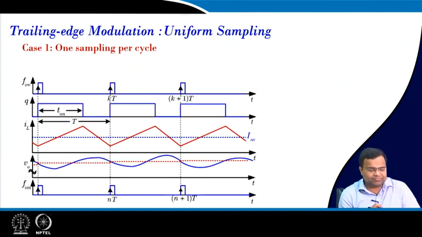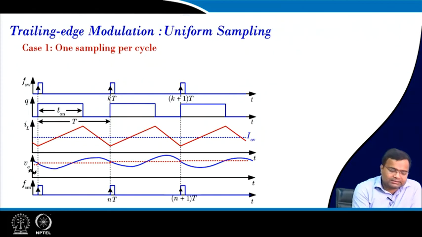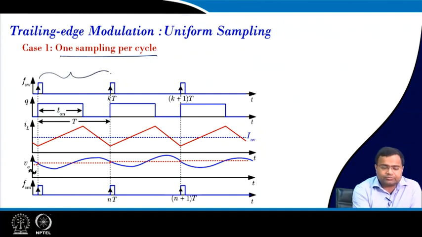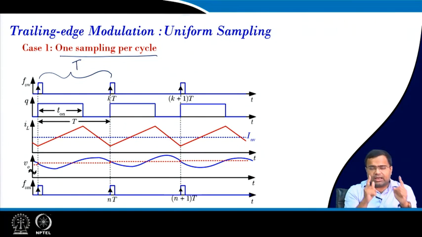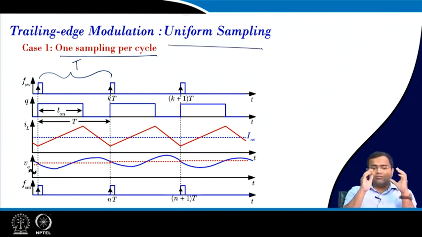Let us say here again the same waveform, but now we are sampling this voltage once per switching cycle, and the time period is T. We are uniformly sampling, because this is under uniform sampling, once per switching cycle using a fixed frequency clock.